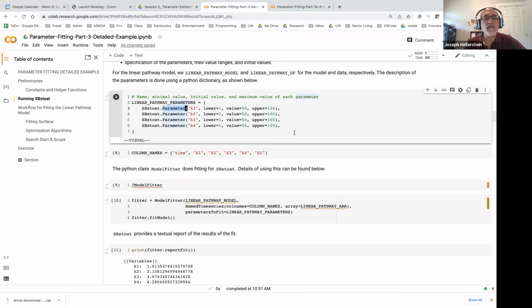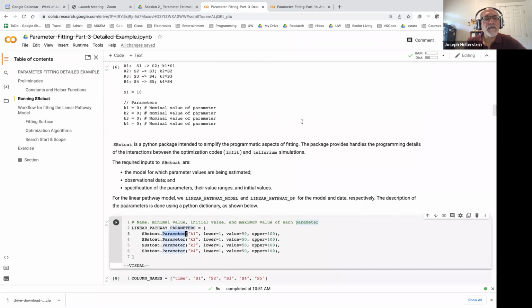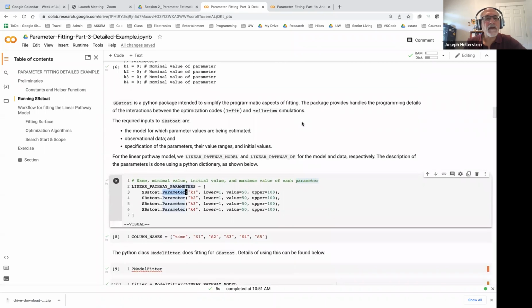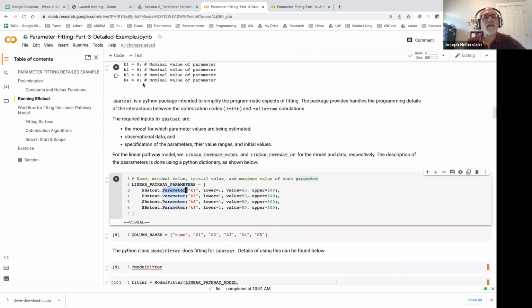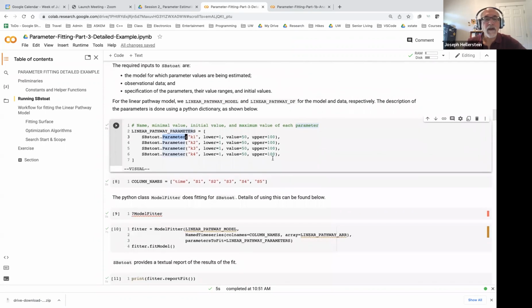For this, I just chose between 1 and 100, and we're starting in the middle. That's as good as anything. I don't remember what the actual values of these things are, but it's a reasonable range.